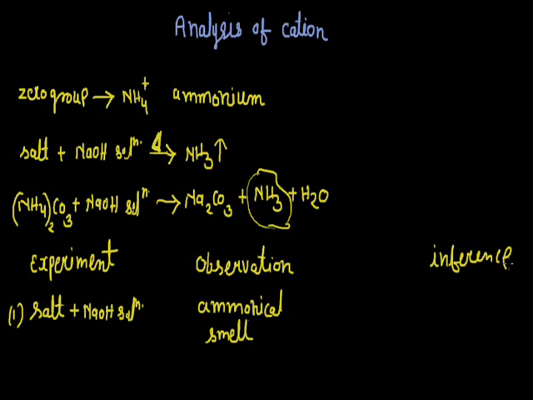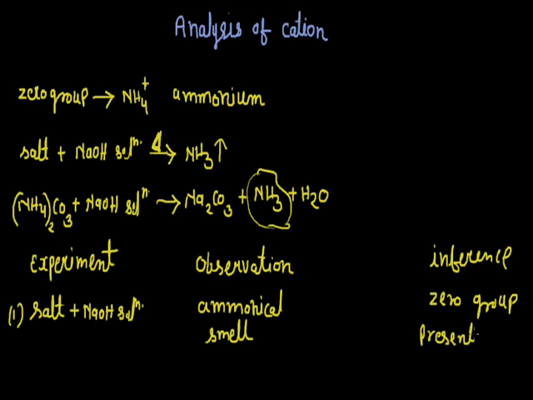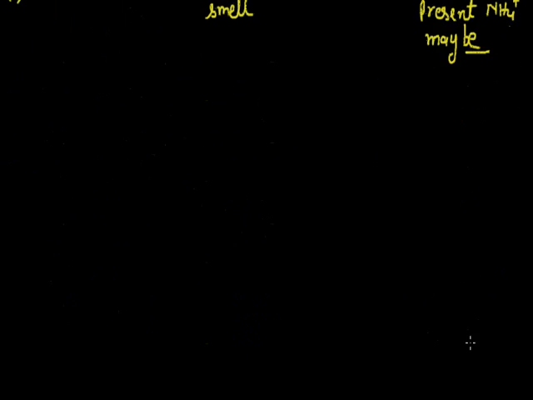Then we can say that zero group is present and ammonium may be present, that is NH4 plus may be present. After this, we apply the confirmation test for this ammonium radical.